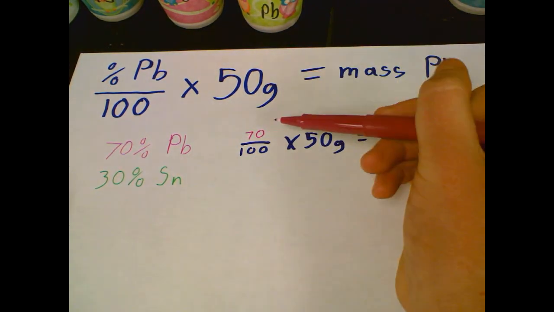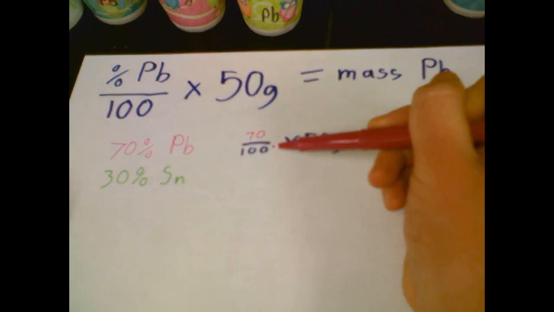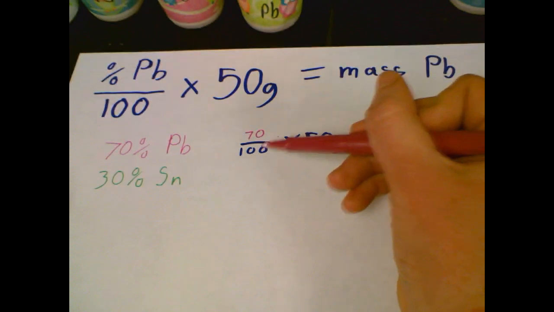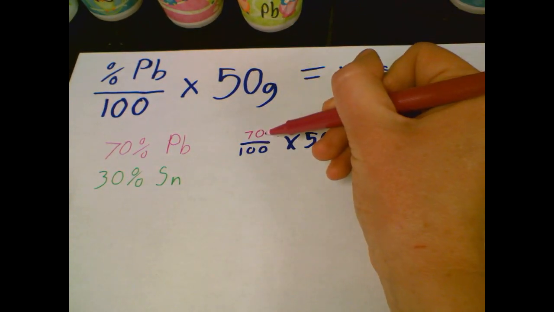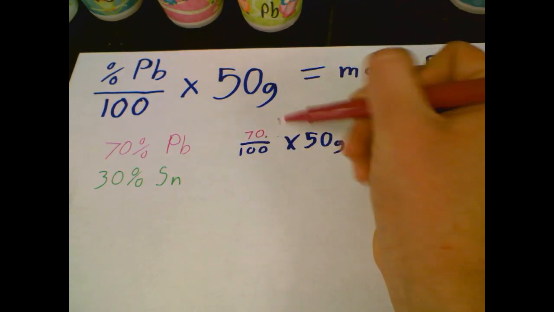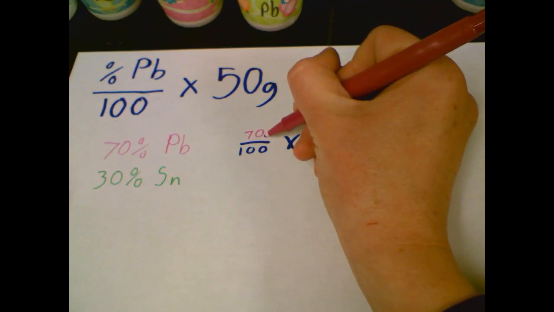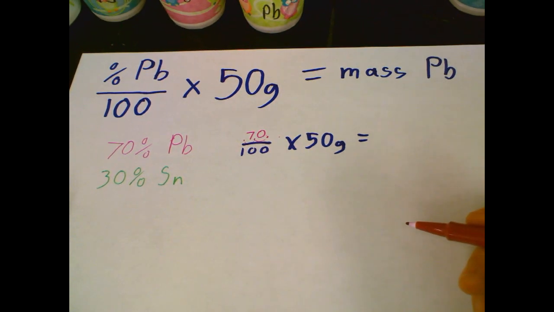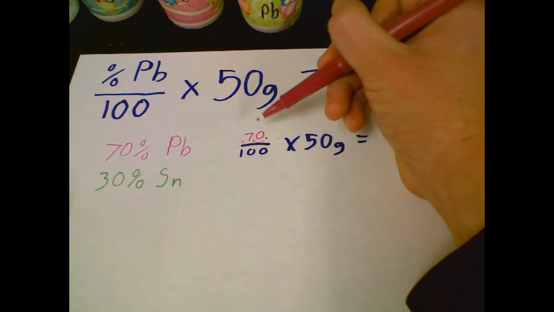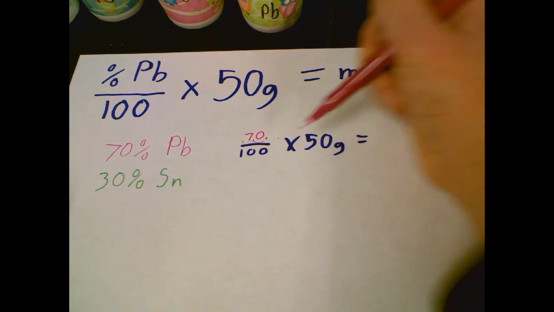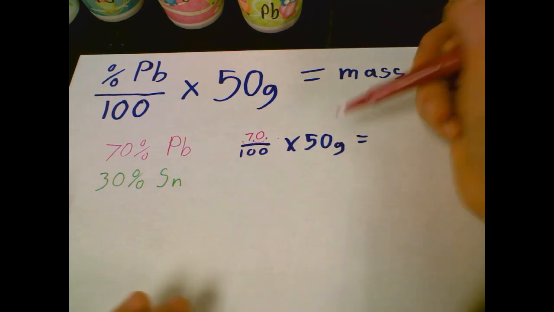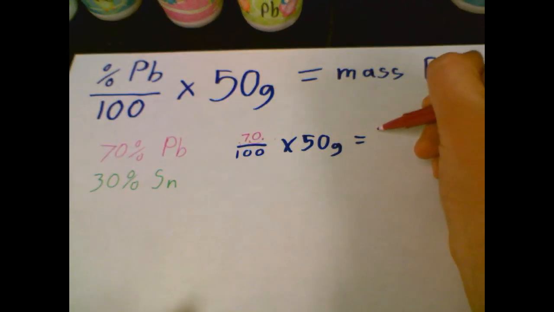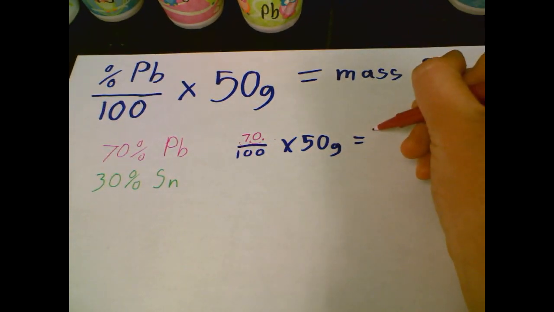So we have 70 divided by 100, which is what? Dividing by 100 is going to move our decimal place, we have an invisible decimal here, back 2 places. It's going to leave us with 0.7. So 0.7 times 50 is going to be 35, I do believe. Yes, 35.